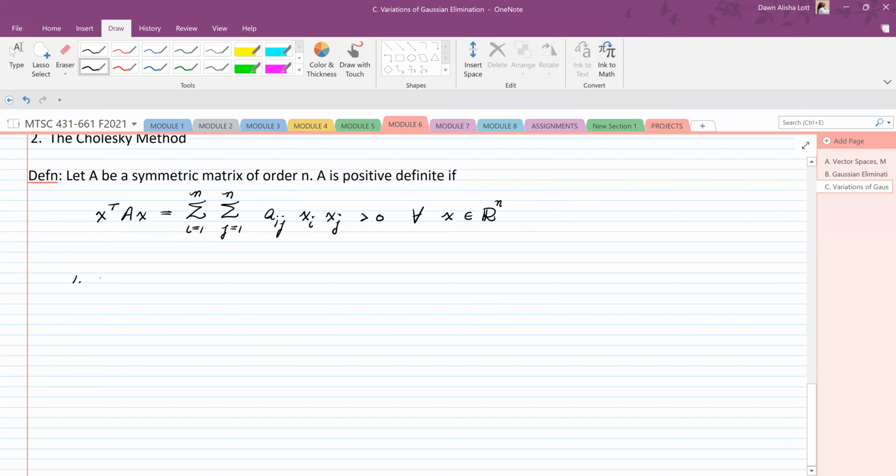So 1, A has to be n by n. 2, A has to be non-singular.